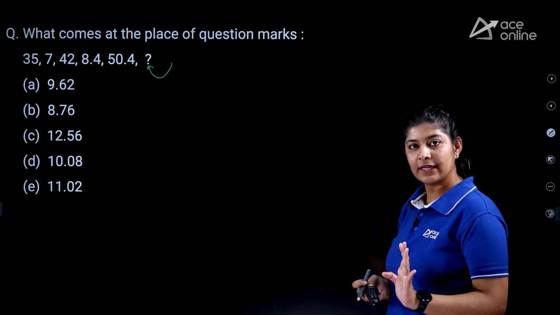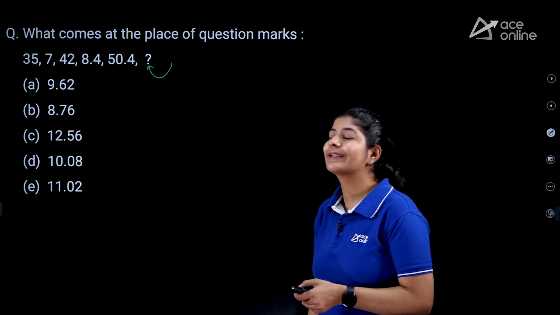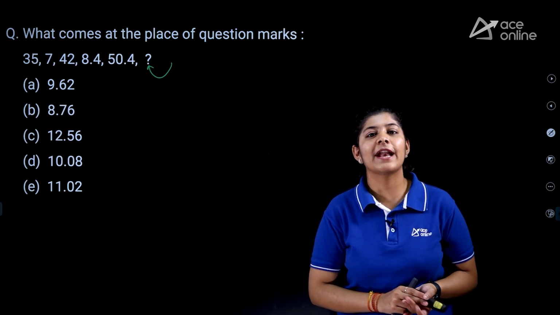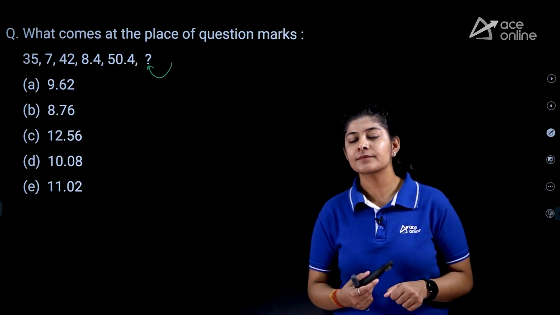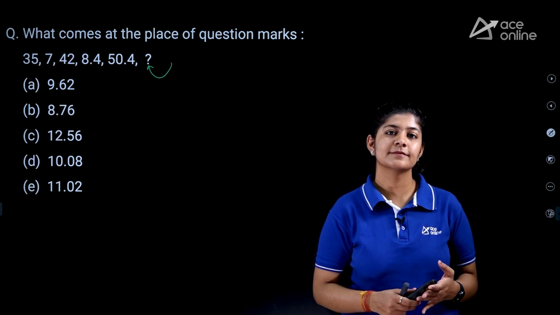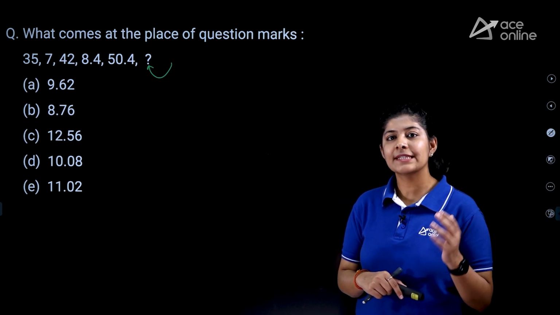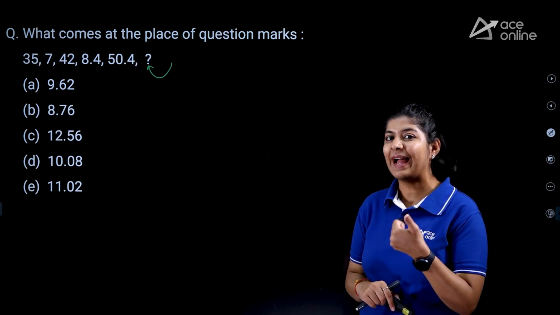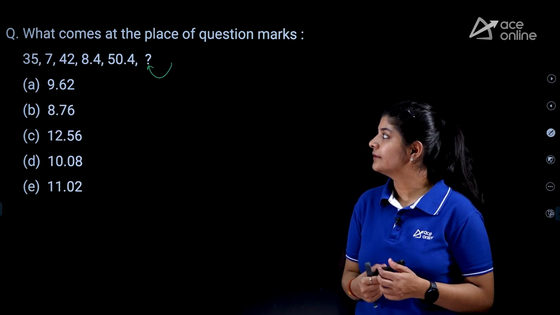This is the sequence we have, and we have to determine what will come at the place of the question mark. For this question, you have a time period of 20 seconds. Just focus on the numbers, try to identify the pattern, and think about how these numbers are connected.